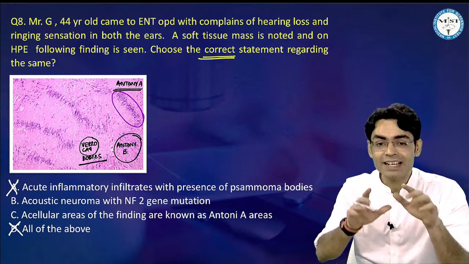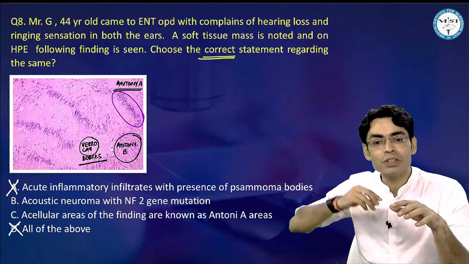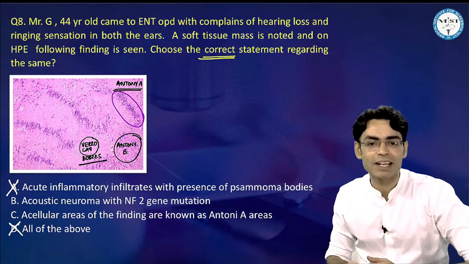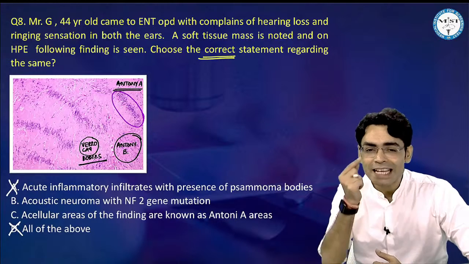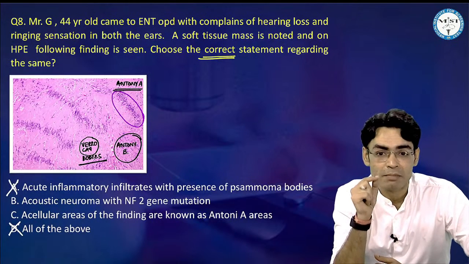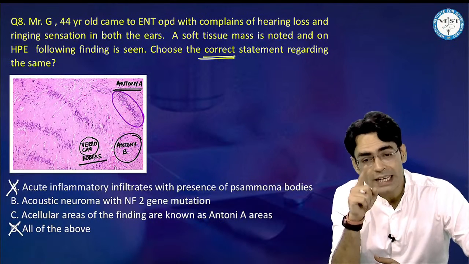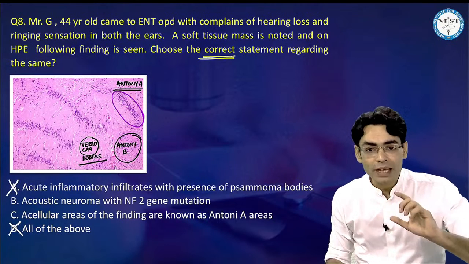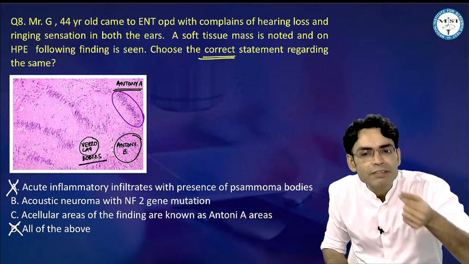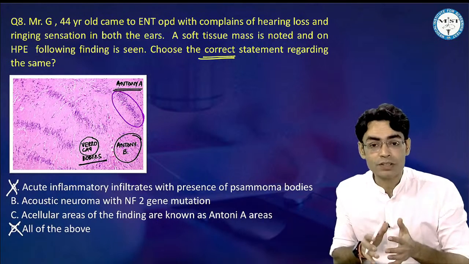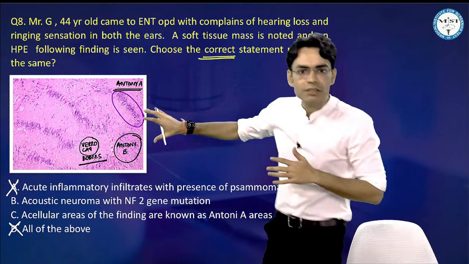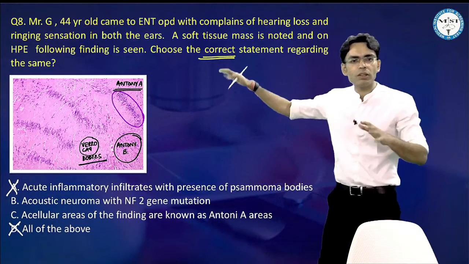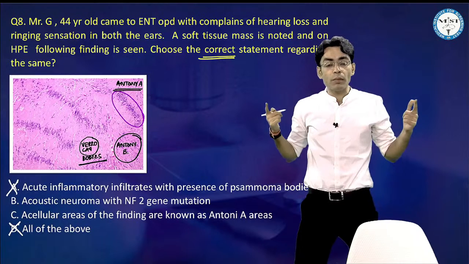That's why I said that it is not important that you finish the paper quickly, or how fast you give the answer. What is important, beta, is that every mark in the exam is going to count. If you put 5 seconds more into a question and read it properly, as soon as you see this figure and they are talking about hearing loss, you understand they are talking about schwannoma.